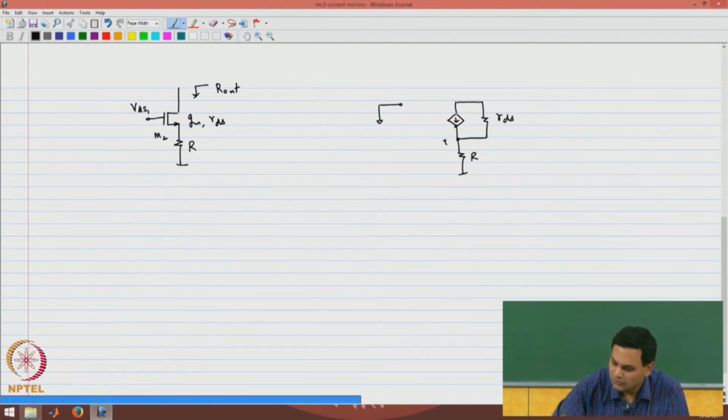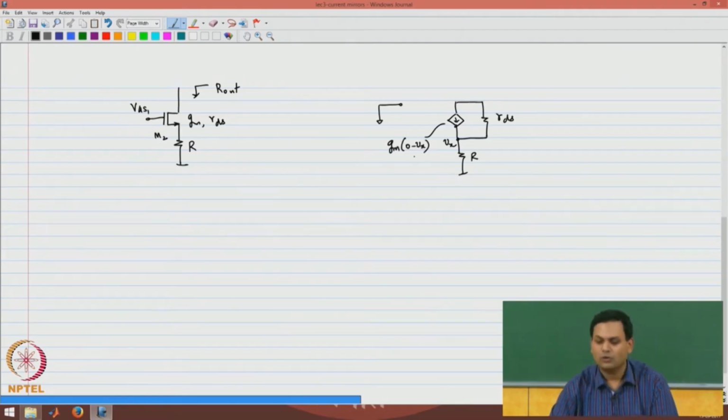I am going to call this voltage Vx, so that this current source is going to be gm times 0 minus Vx.